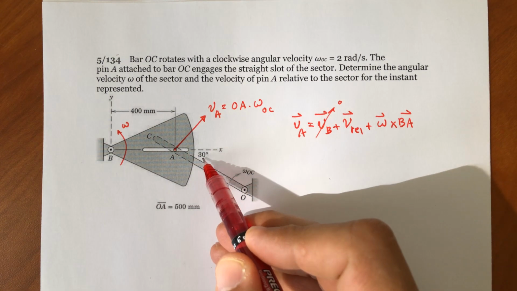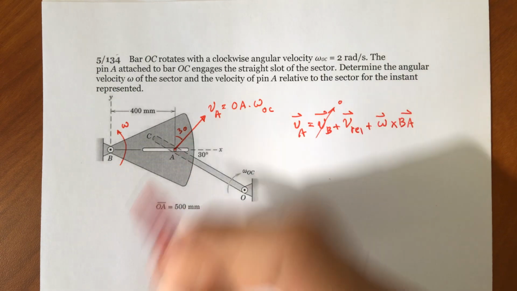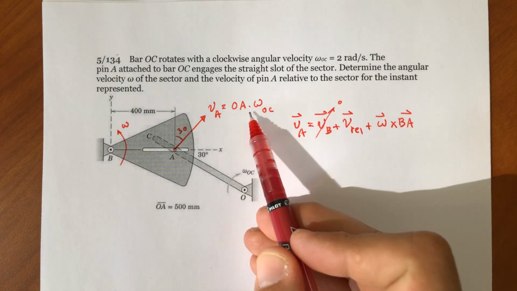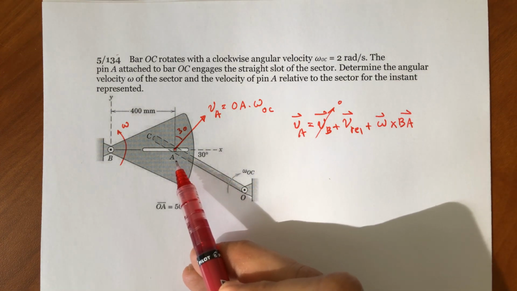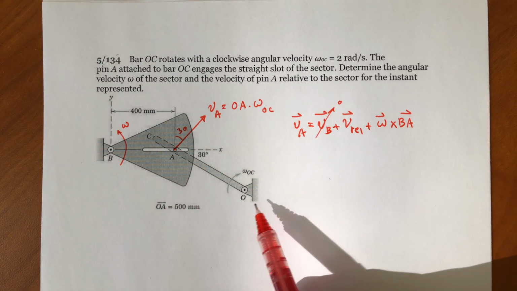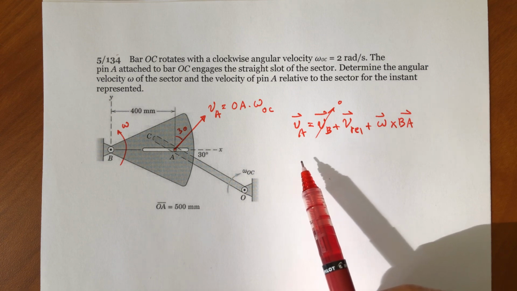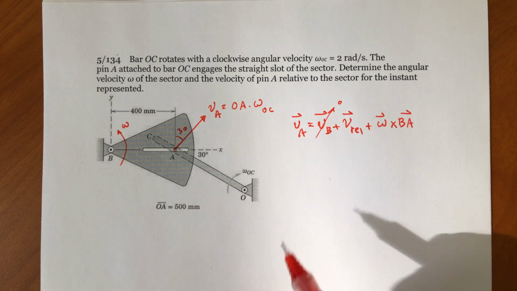This angle is 30, so this angle is going to be 30, right? Velocity of A is going to be 2 times OA, and OA is 500 millimeter, is given.